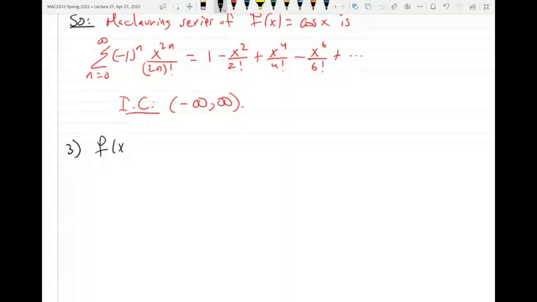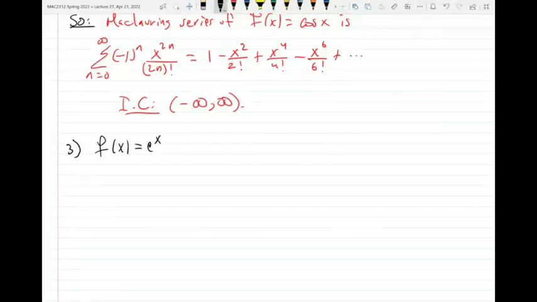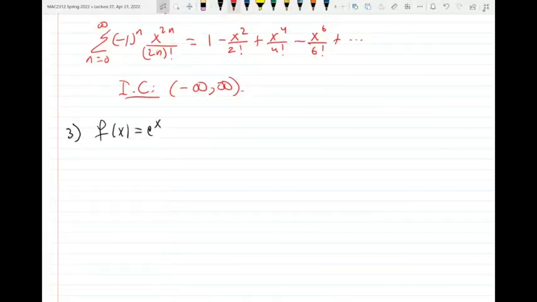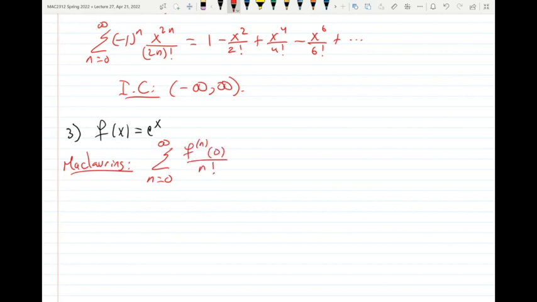So if we have e to the x, who can tell me what's the general formula for McLaurin? Not the end result, the formula. It's the sum from n equals 0 to infinity of the nth derivative of the function evaluated at 0 over n factorial times x to the n, right?